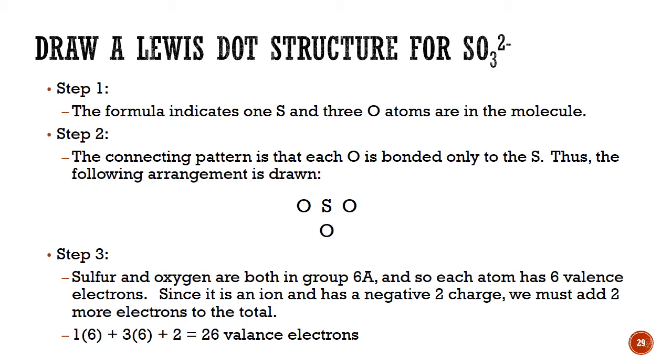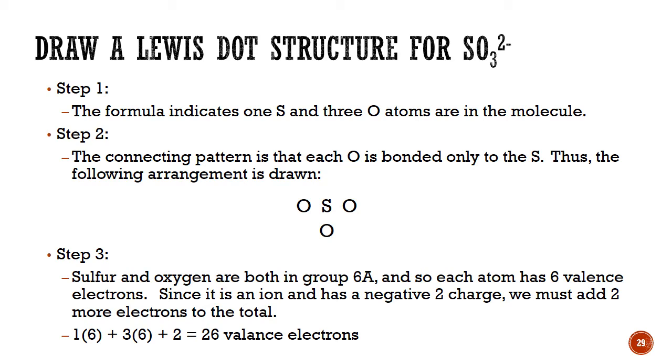So let's do an example. Let's draw a Lewis dot structure for SO3 negative 2. Again, we have one S and 3 O's. They're going to be organized like this. It might be a hard one to figure out, but I'll just tell you the S goes in the middle. Now, sulfur and oxygen both have 6 valence electrons, so we have a total of 24 electrons from the S and 3 O's.